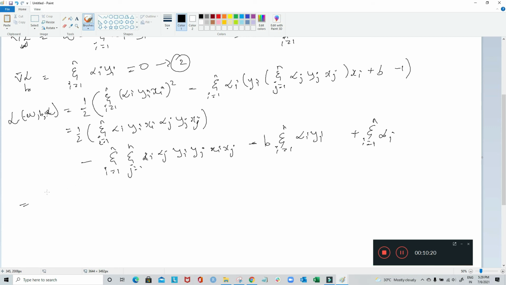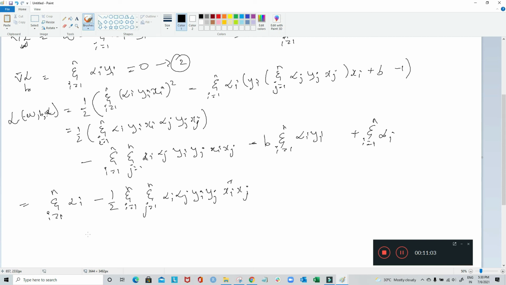When we solve this equation, finally we'll arrive at summation i equals 1 to n alpha i minus, we have a half and minus 1, so it becomes minus half, i equals 1 to n, j equals 1 to n, alpha i alpha j yi yj xi transpose xj.